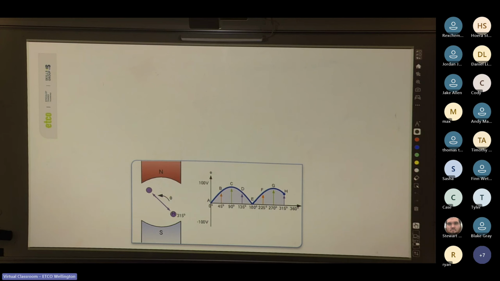So, pulsating DC. If we look at the waveform being generated here, the coil comes to 90 degrees with the field, and then it comes down to 180.